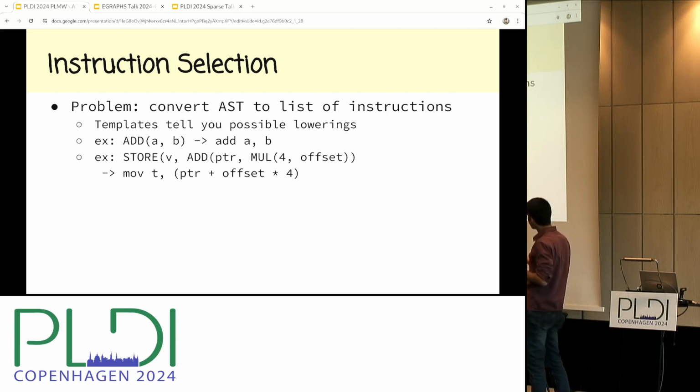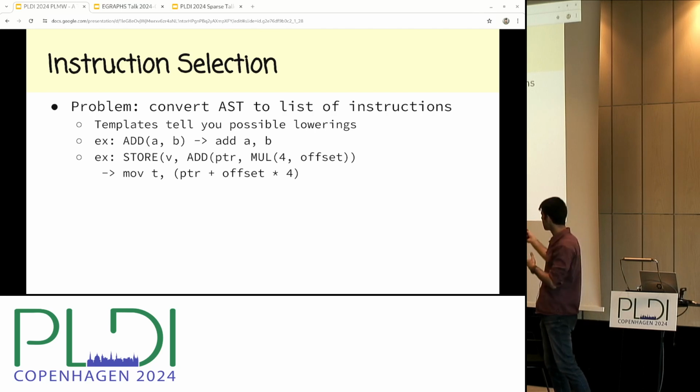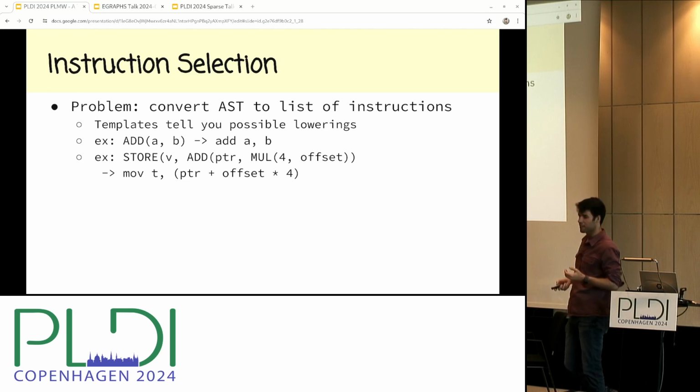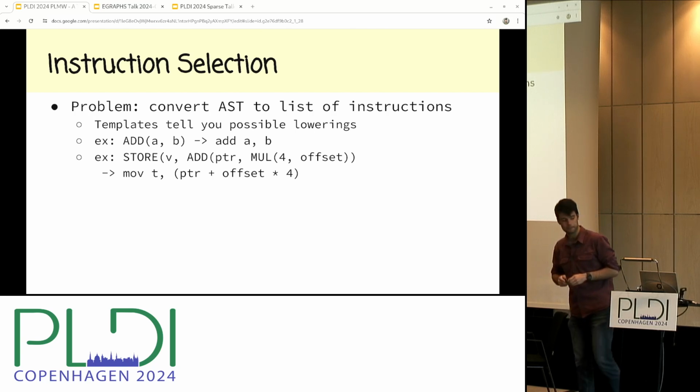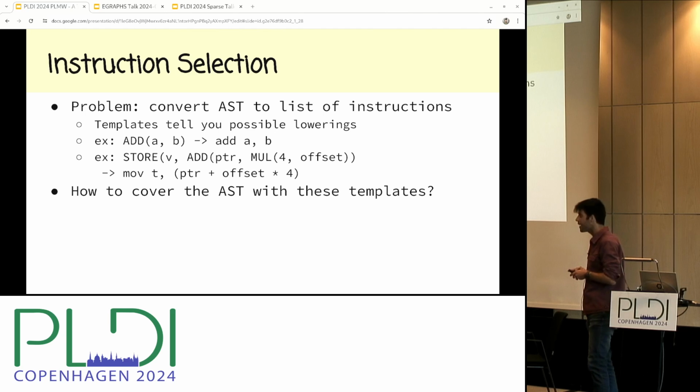So in this example, if you see in your AST a store whose pointer is the addition of a pointer by the multiplication of 4 by some other thing, which could easily be an array access, then, if you're familiar with x86, you can get all of this from a single instruction that looks like this. Okay, so we would love to use these things when possible, but we can also use the simpler instructions when needed.